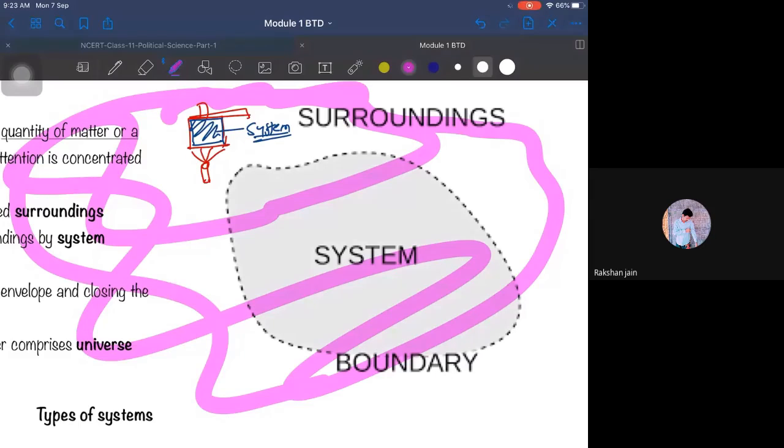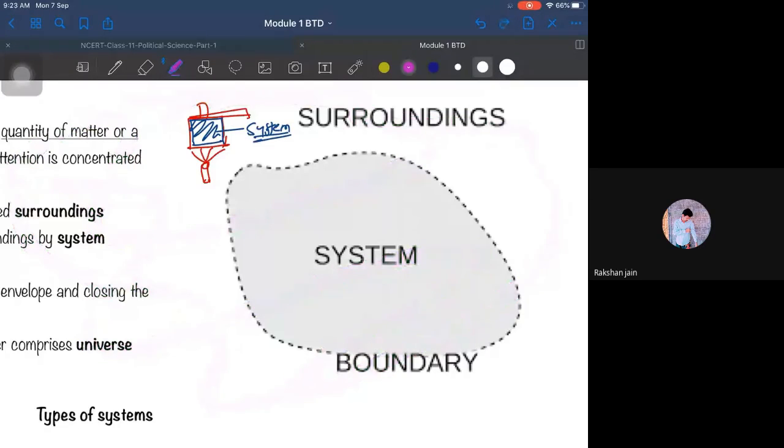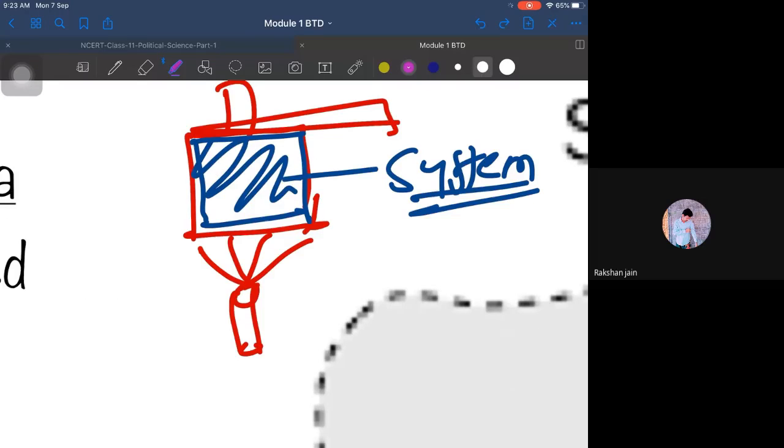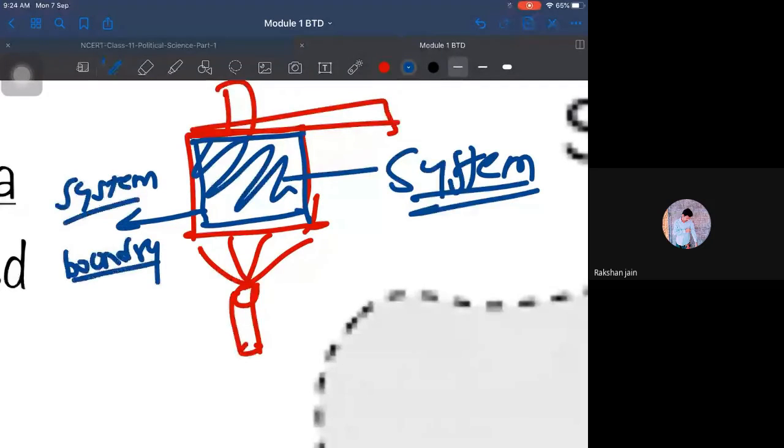So the system and the universe are separated by a boundary known as the system boundary. So I can say this particular thing is your system boundary. These are just basic terms you must understand: introduction of a system, a boundary, system boundary, and your surroundings.